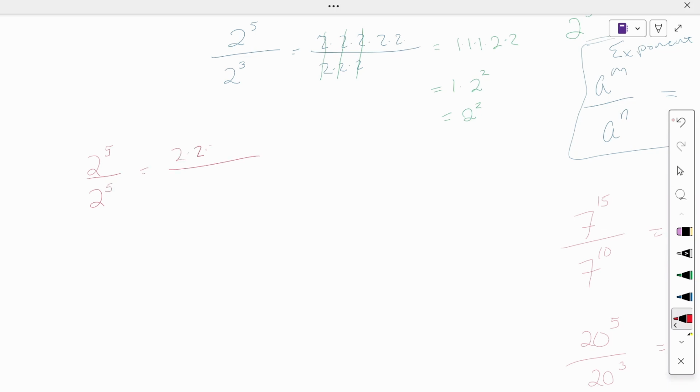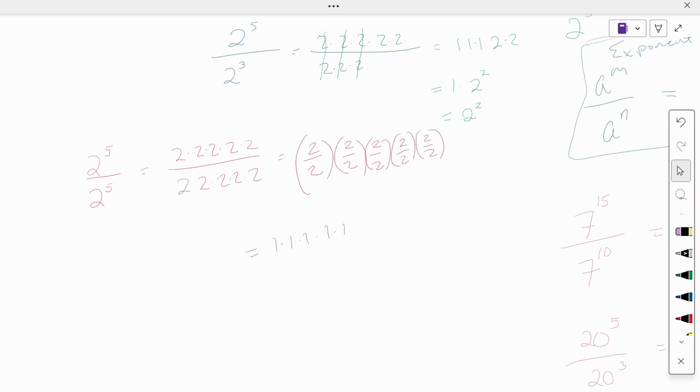What happens here? Well, in this case, you've got 2 times 2 times 2 times 2 times 2 all in sequence on the top, and you've got a sequence of 2's on the bottom. And so by breaking open the fractions like we did in our initial example, you've got a bunch of 2's divided by themselves. 2 divided by 2 gives you 1.